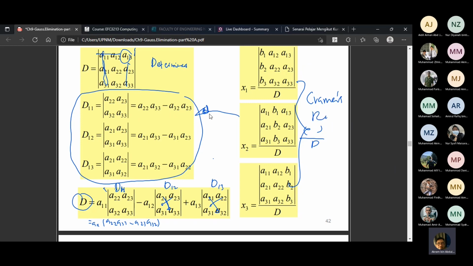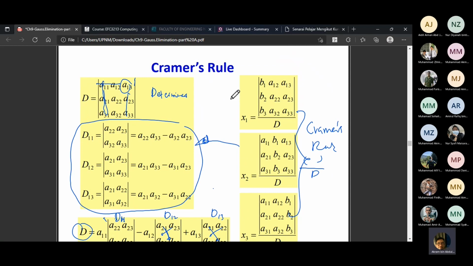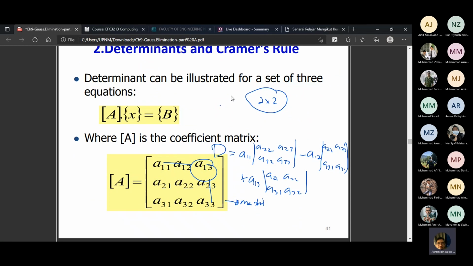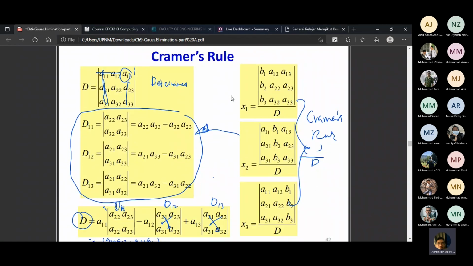So you can find the value of x1 dengan cara apa yang you ambil exact terms kamu tadi tu kan, ingat lagi tak, dia punya dalam bentuk A multiply with X equal to B. You ambil exact terms kamu B ni tadi ni, okay, you gantikan dengan dekat first column. So untuk X1 kita gantikan dengan first column, dan kita salin yang elemennya selebihnya dan cari determinants dia.